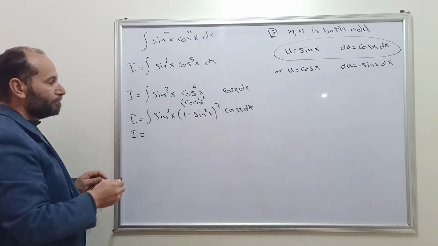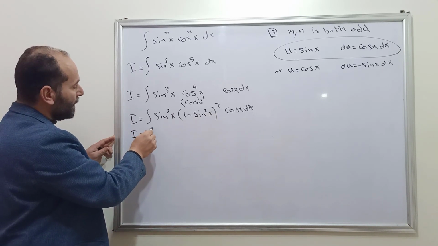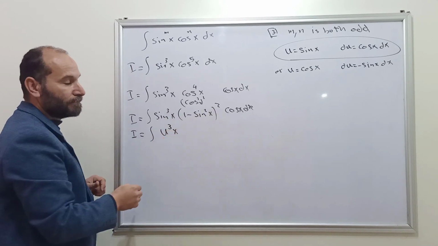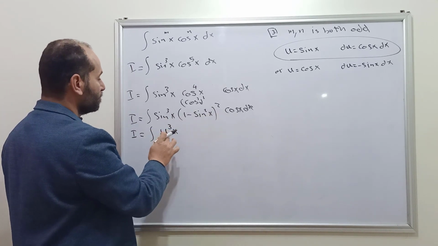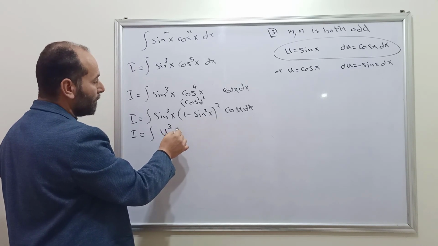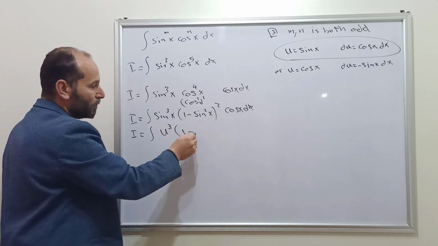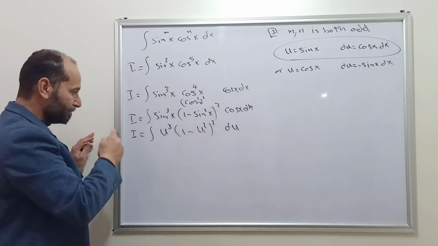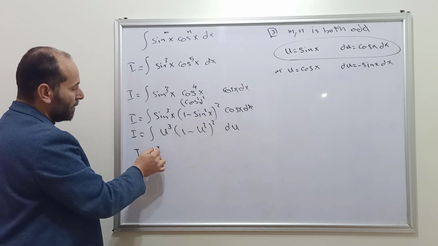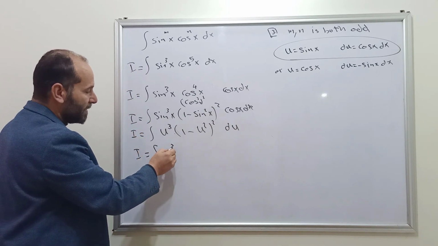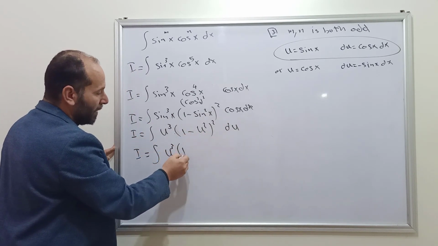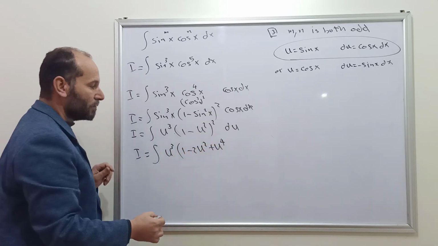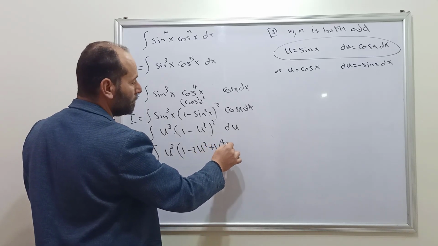This equals the integration of u power 3 times 1 minus u squared whole squared du. We expand this: u power 3 times 1 minus 2u squared plus u power 4 du.